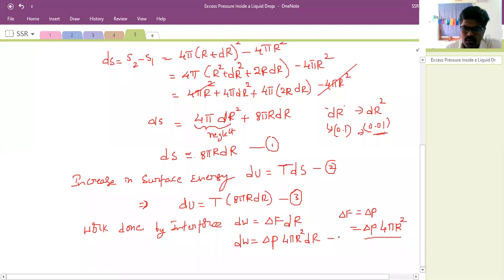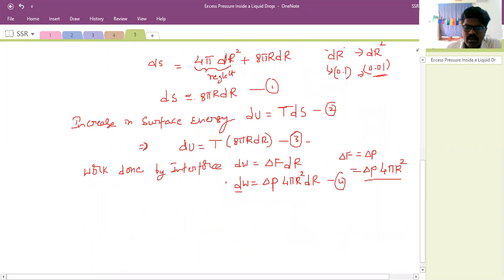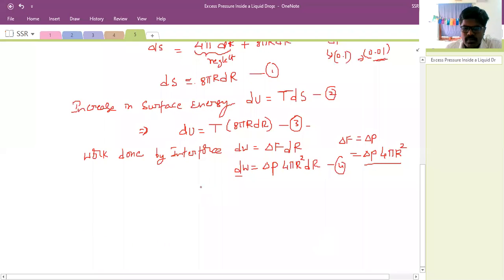Equation number 4. I can say 3 and 4 are equal, because whatever work is done will be stored as surface energy. Then delta P into 4 pi r square dr is equal to T into 8 pi r dr. From equations 3 and 4, dr cancels, r cancels one time, pi cancels, and 4 cancels 2 times.